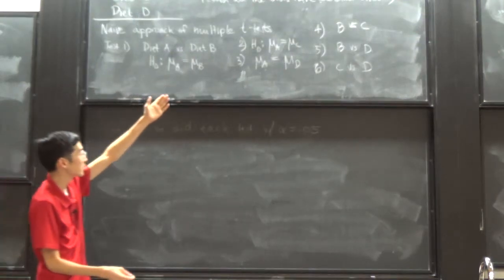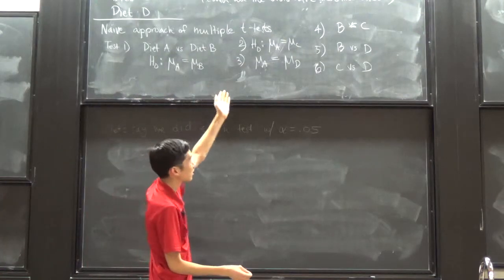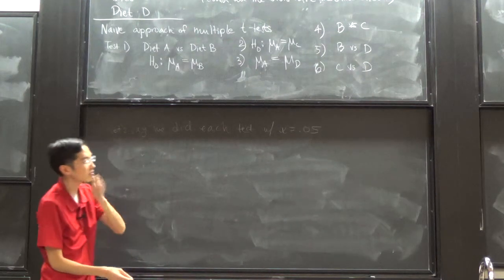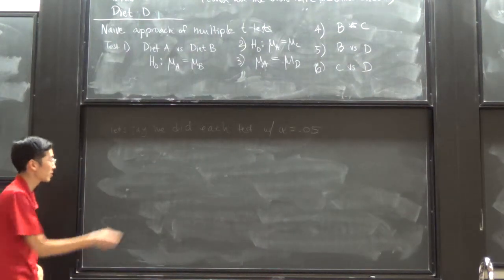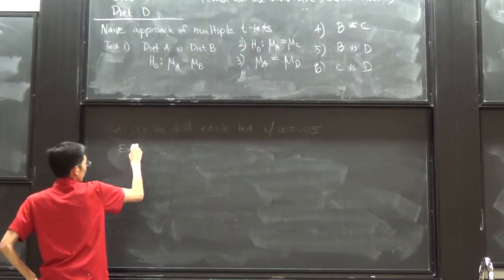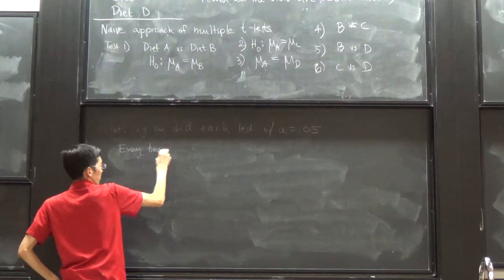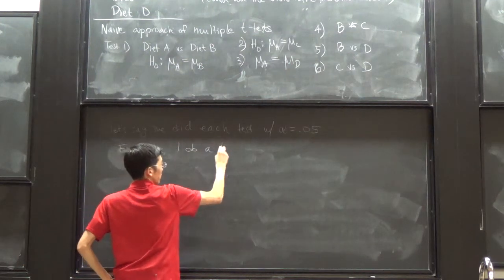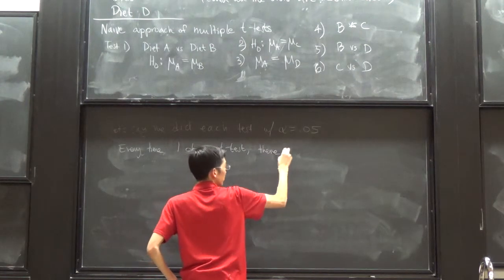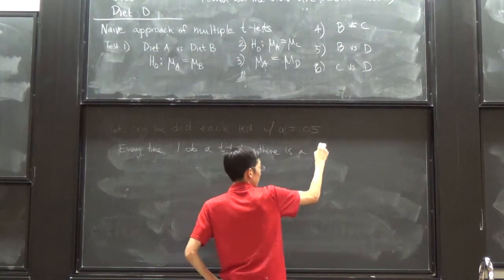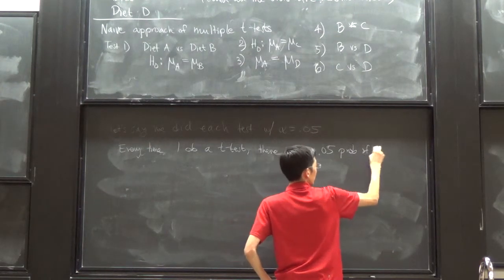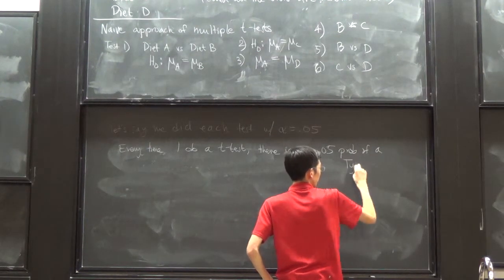And there's also a 5% chance for every single one of these tests. Technically, it's a little bit different, but every time I do a t-test, there is a 0.05 probability of a type 1 error.